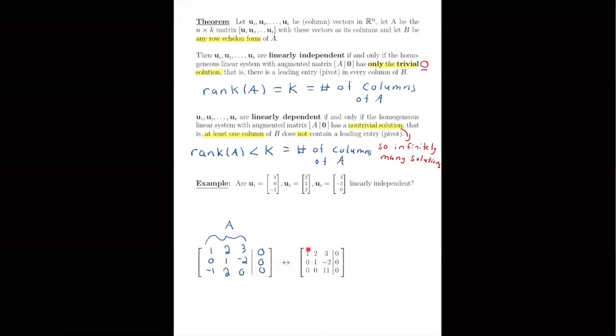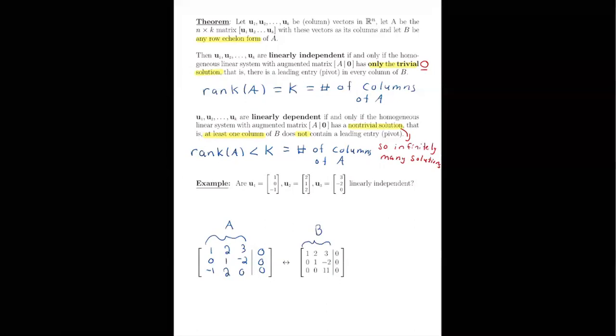So this is a row echelon form of this matrix here. I just haven't shown the row operations. But to be clear, on your homework and also on exams, do make sure you show all of your row operations. Okay, so this is a row echelon form of A, and this coefficient part here we will call B.